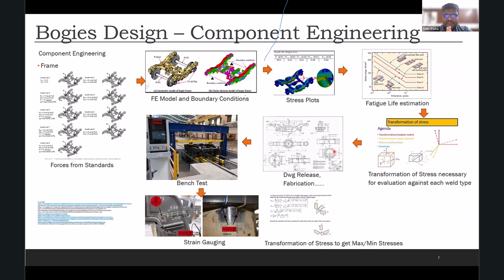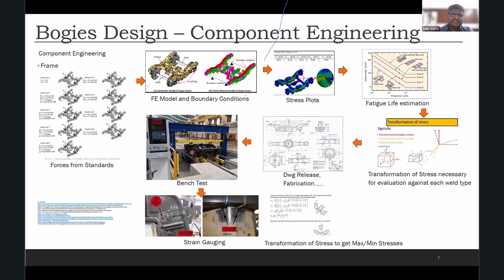So after making the frame, we even have to run it through the bench test. If it is a new frame, the standards call us to test the frame on a static bench to ensure that it does not fail. I mean, they define a certain range of loads that this frame has to endure.